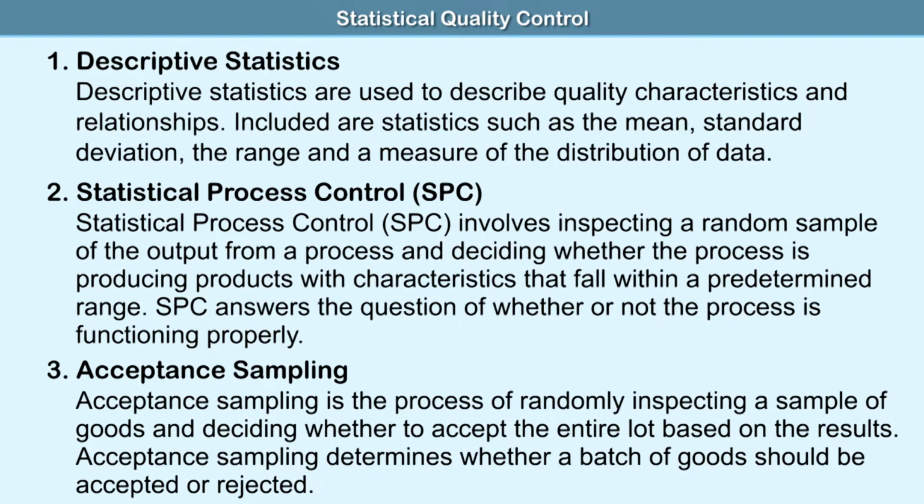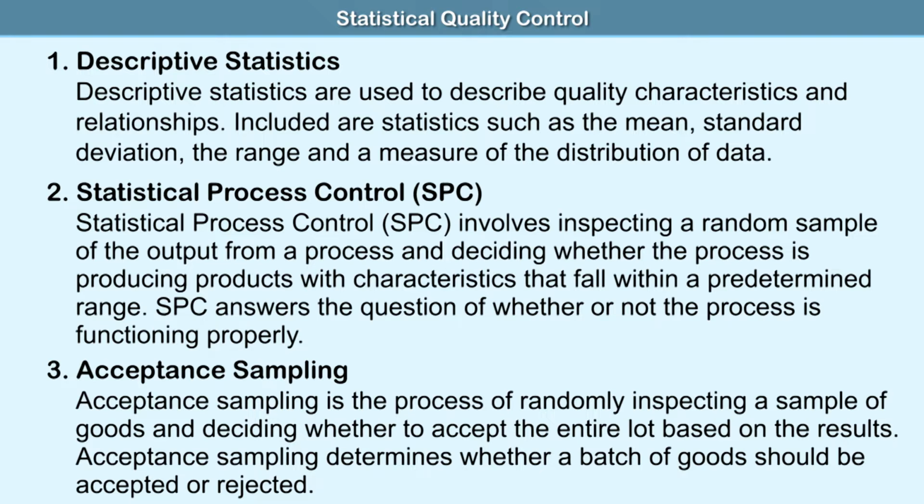The second broad category is statistical process control under statistical quality control. Statistical process control involves inspecting a random sample of the output from a process and deciding whether the process is producing products with characteristics that fall within a predetermined range. Statistical process control answers the question of whether the process is functioning properly or not.